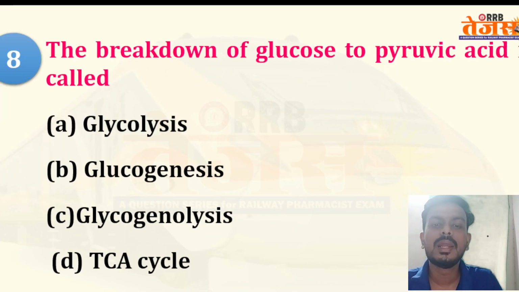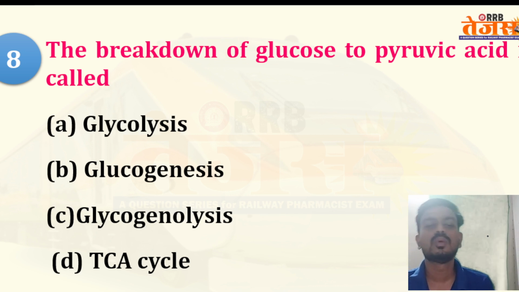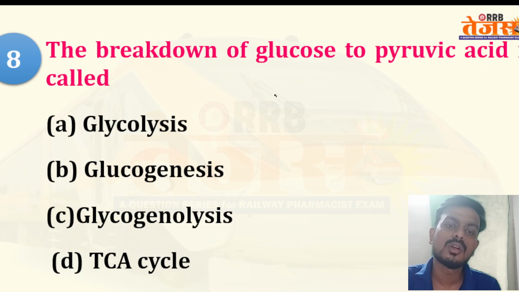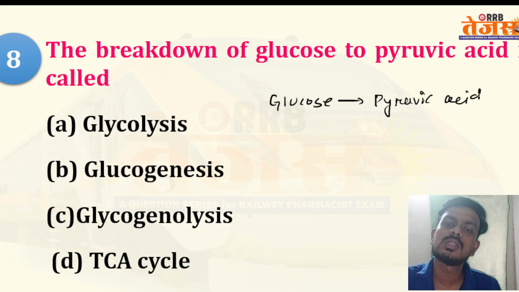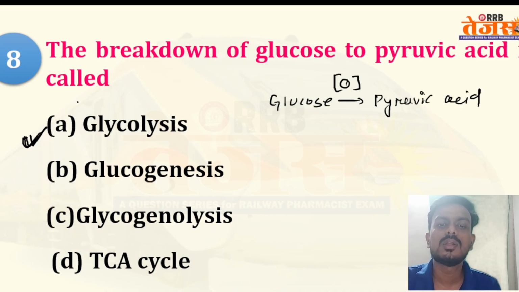Next: the breakdown of glucose to pyruvic acid is called what? The question is the conversion of glucose to pyruvic acid. This process is basically the oxidation of glucose, and the method is called glycolysis.